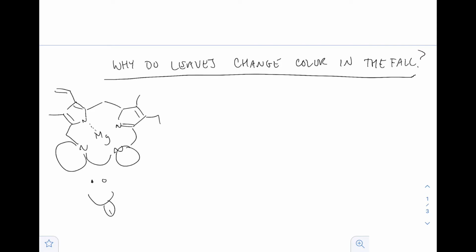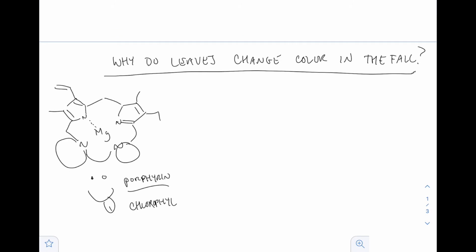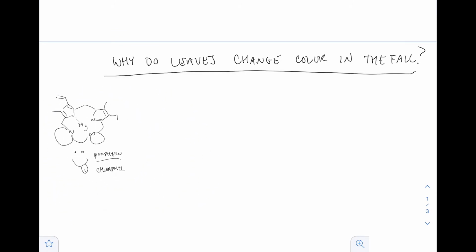And there's some other stuff on here for sure. I'm simplifying the heck out of this. But the cyclic thing sequestering that magnesium is called a porphyrin. And when you do it with some of those R groups on there, that's chlorophyll. The cool thing about porphyrins is that's pretty much what makes up our hemoglobin as well.